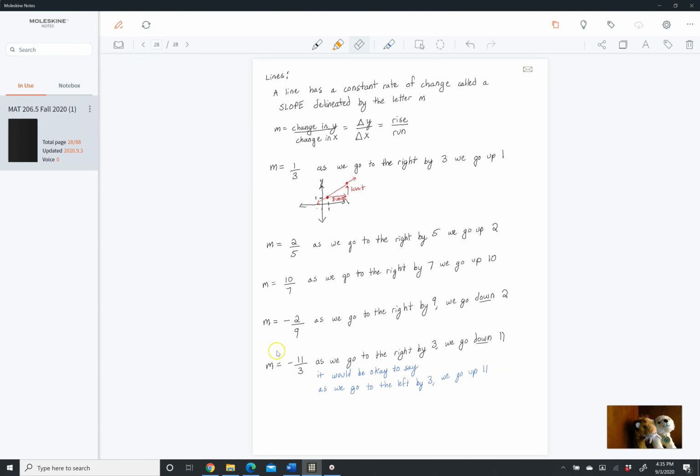Because essentially what that's doing is it's saying, okay, instead of putting the negative on top, let's put it on bottom, okay? So a positive is to the right or up. A negative is to the left or down. If we put a negative in front of one of these numbers, then you're switching only one of the directions. So negative 11 over 3, it would be fine to say, okay, instead of switching the y direction, let's switch the x direction. So notice we're saying, okay, instead of going right, that means we go left by 3, but then we go up 11. We can't switch both directions.